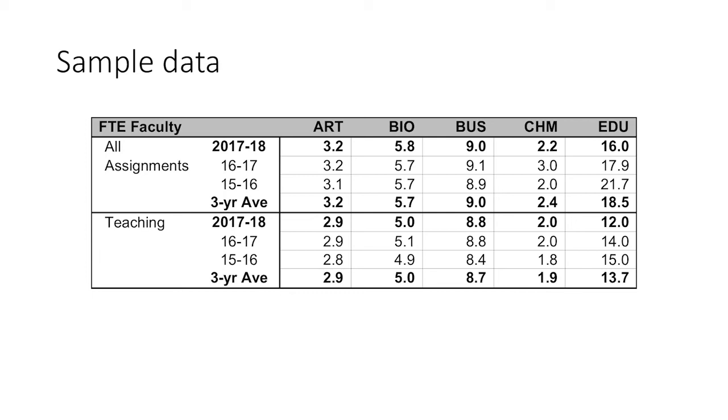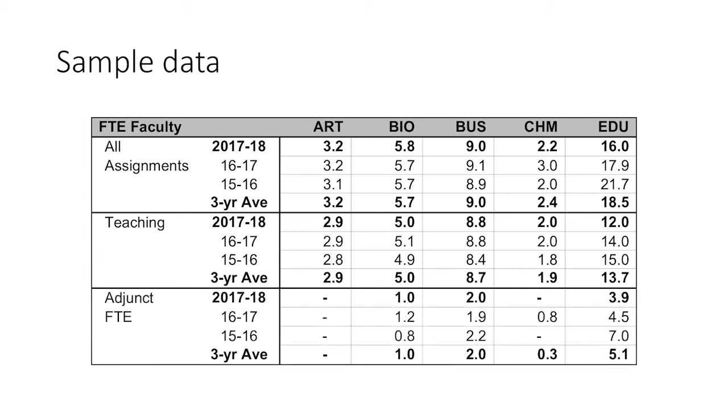And in my experience, at least, teacher education does have a lot of administrative overhead, maybe not this much, but it does have a lot. The other programs often do not have a lot of administrative overhead. But you do look for that, and that's why you divide up FTE faculty in categories, all assignments and teaching assignments.